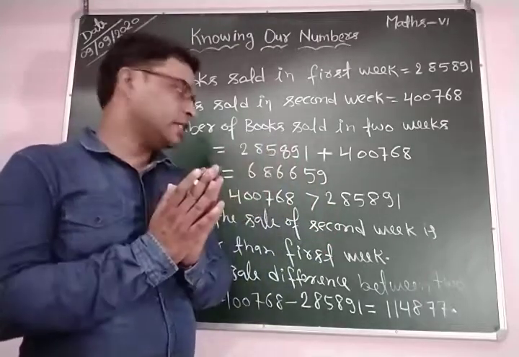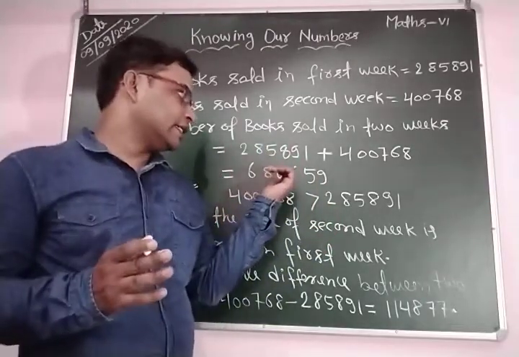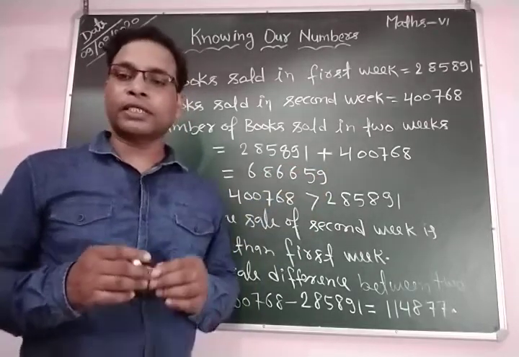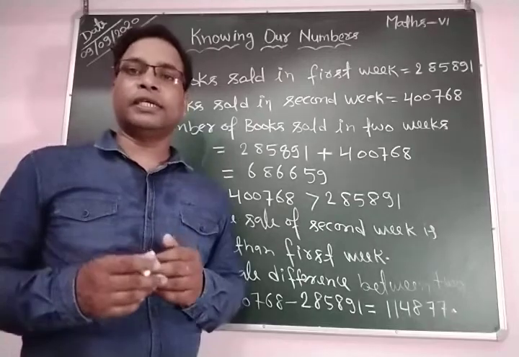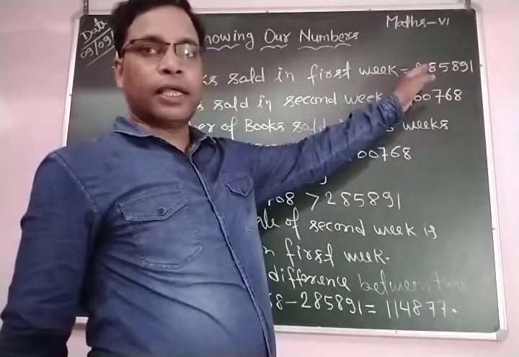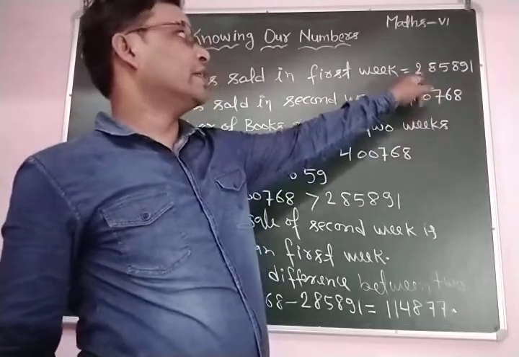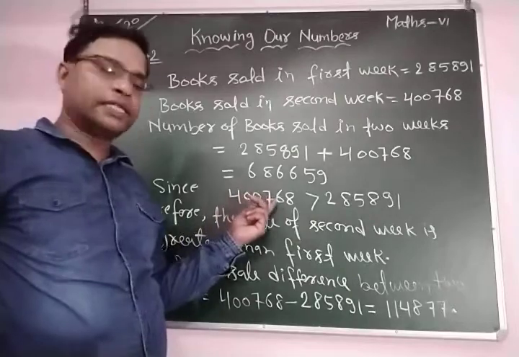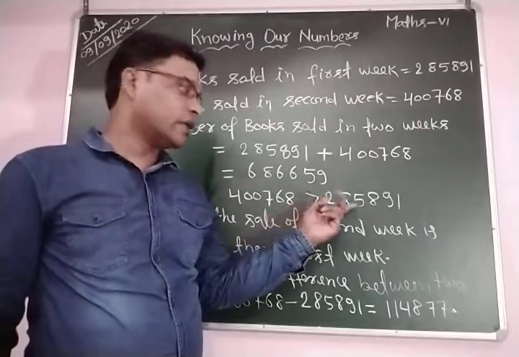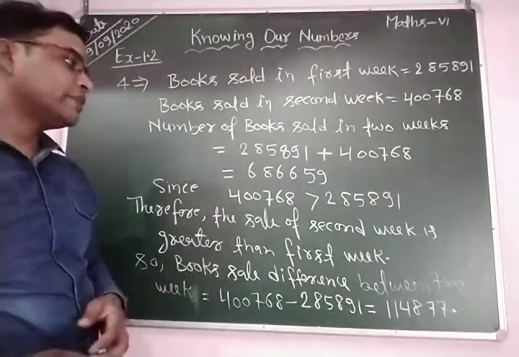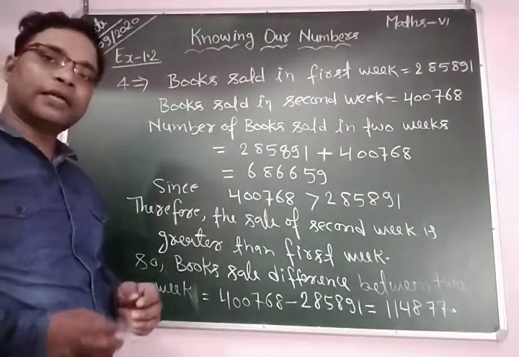When we sum them, we find 6,86,659. After this the question asks in which week was the sale greater. If you observe, 4 lakh is greater than 2 lakh. So here you can write 4,768 is greater than 2,85,891. So the sale of second week is greater than the sale of first week.